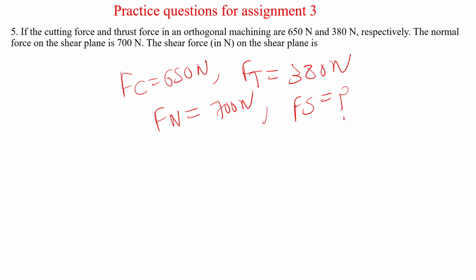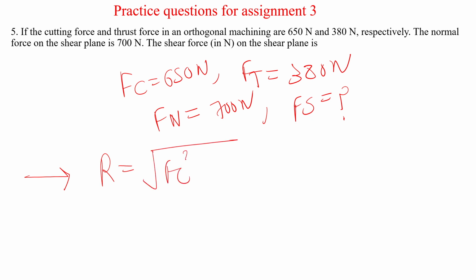277.31. Okay. How did you get this? Sir, by the relation of resultant. Resultant is equal to under root of Fc square plus Ft square, and also equal to under root of Fn square plus Fs square. So equate this relation. Very good, this is absolutely right.